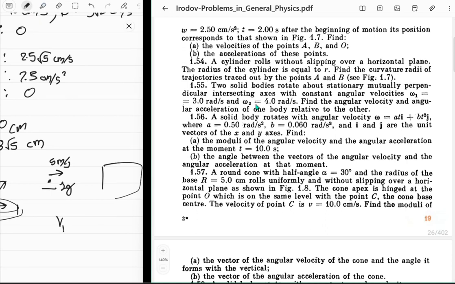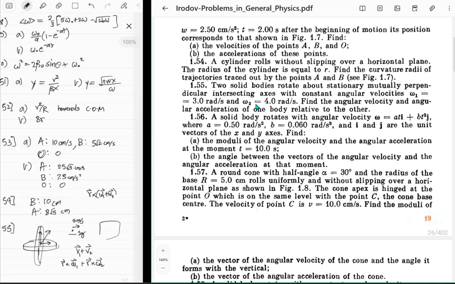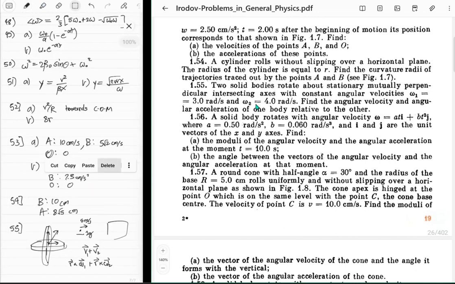So v1 vector, which was because of the original one, then you got v2 vector. v1 vector was omega 1 vector cross r, and then plus omega 2 vector cross r. So you can do omega 1 vector plus omega 2 vector, cross r. That would be perfect. Makes sense, right? You're just going to add up these omega vectors and then you will have the thing. Cool. So let's do it.